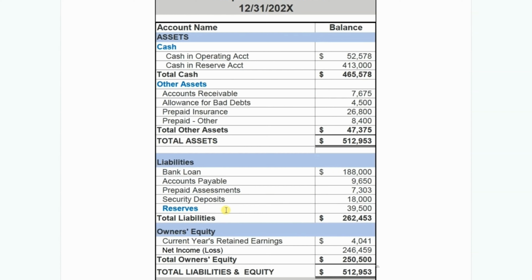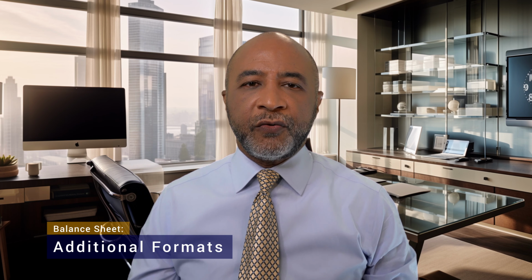And then we have the owner's equity section, which shows what the association would have left over if it were forced to pay down all its liabilities at that point in time. In the for-profit business sector, this section is often referred to as a net worth or capital. There are a couple of other things I'd like to point out about the format of the balance sheet.